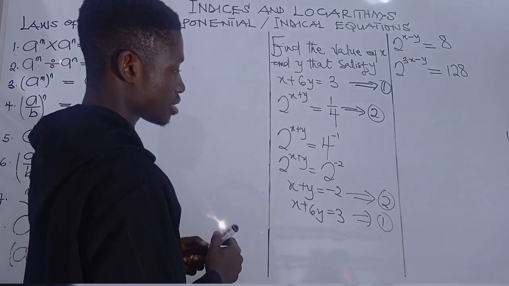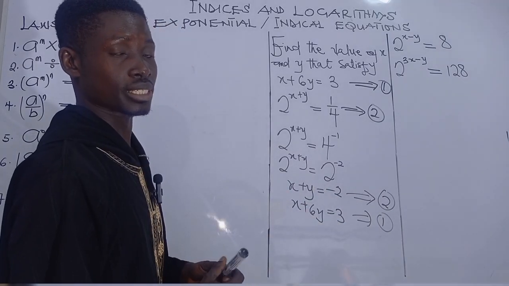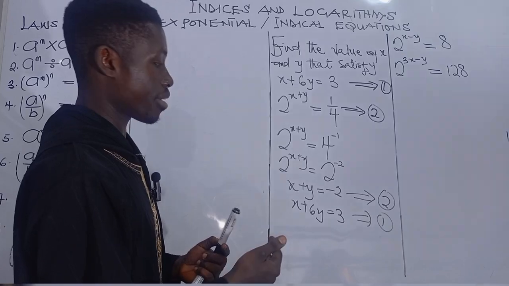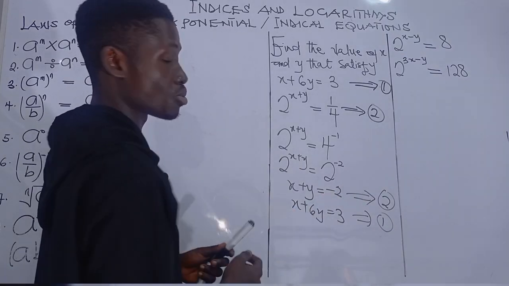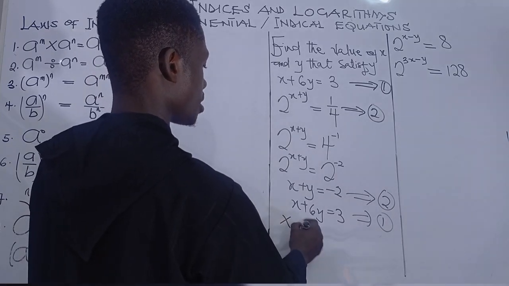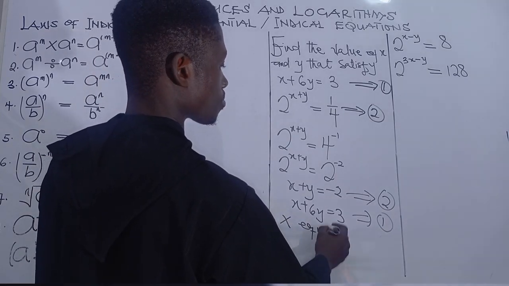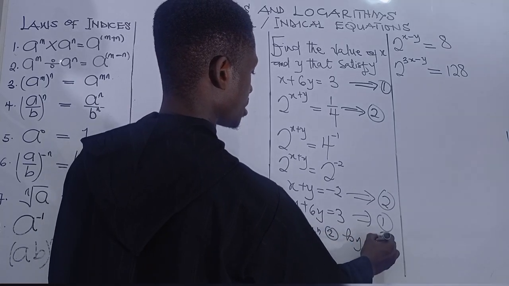In doing that, we have to eliminate one of these variables in these two equations. Let's eliminate the variable x. So we have to multiply one of these equations by negative 1. Let's multiply equation 2 by negative 1.